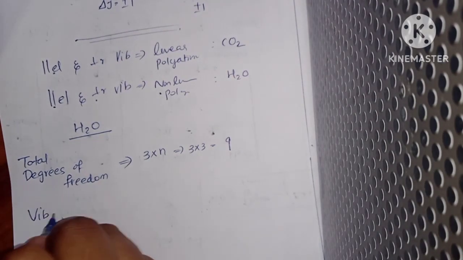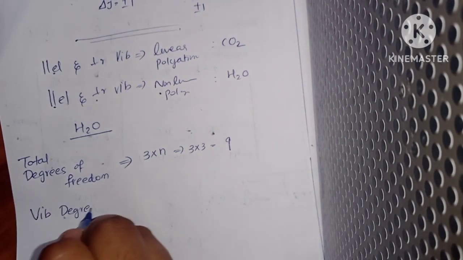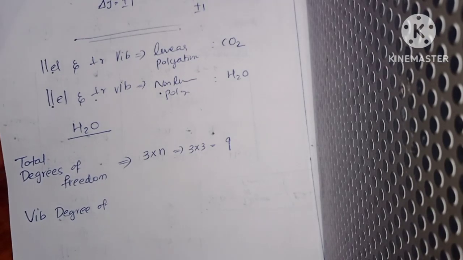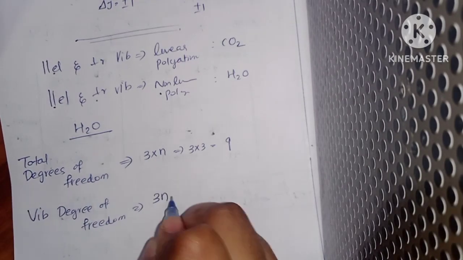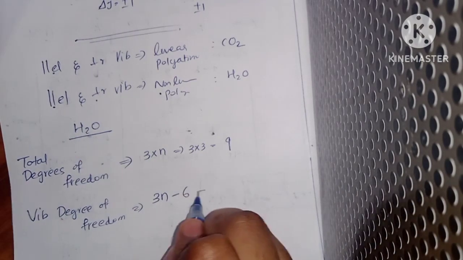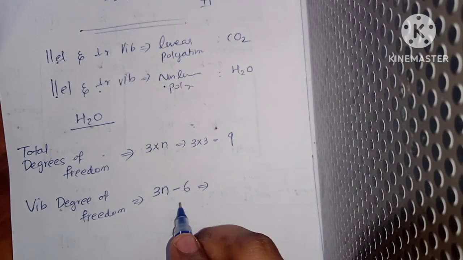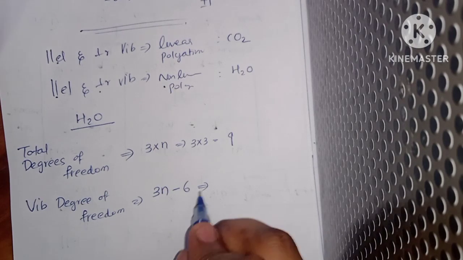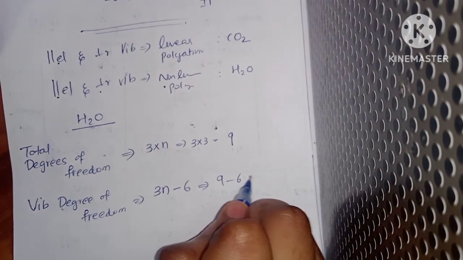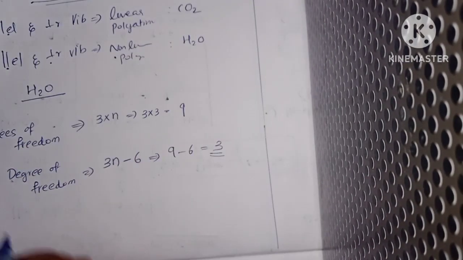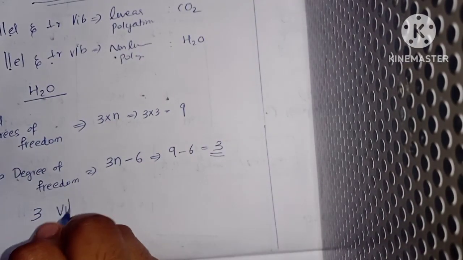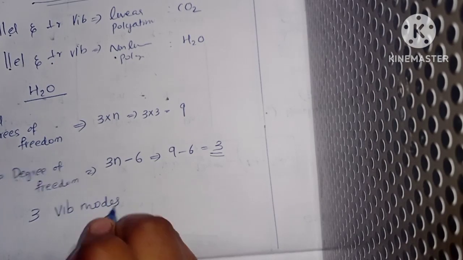And vibrational degrees of freedom, or total number of vibrational modes, will be equal to 3n minus 6 for a non-linear molecule. If it is linear, it will be 3n minus 5. That is 9 minus 6, that is 3. So 3 vibrational modes are there.